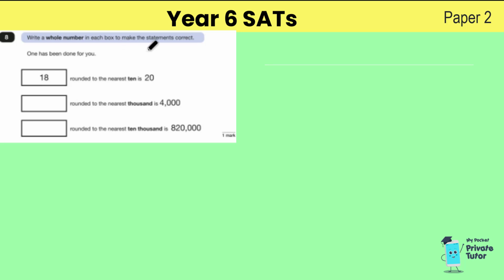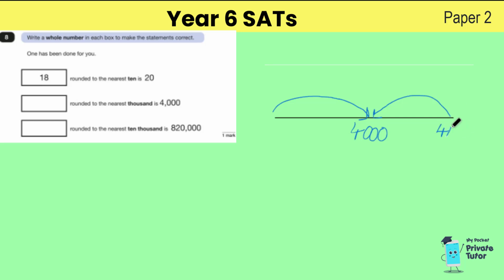Now, I would use a number line for this. If we're rounding to the nearest 1,000, I'm going to put 4,000 in the middle, because the number could be smaller than 4,000 and it could be bigger than 4,000. If we're rounding to the nearest 1,000, then it's the hundreds we're looking at. Anything 4,500 or bigger would be rounded up.